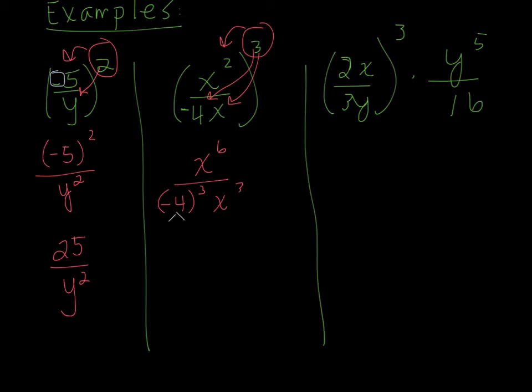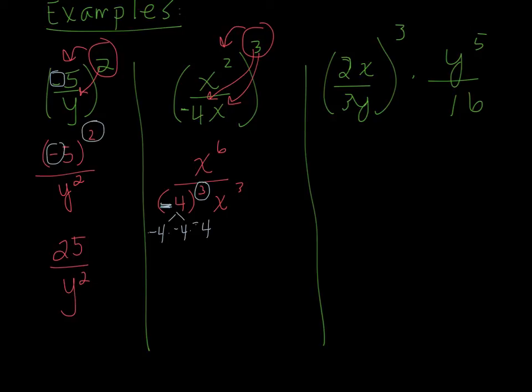Now negative 4 cubed is negative 4 times negative 4 times negative 4. So this result is going to be a negative. Anytime it's an odd power of a negative, our answer is also going to be negative. Over here, we had an even power of a negative, so our answer was positive.